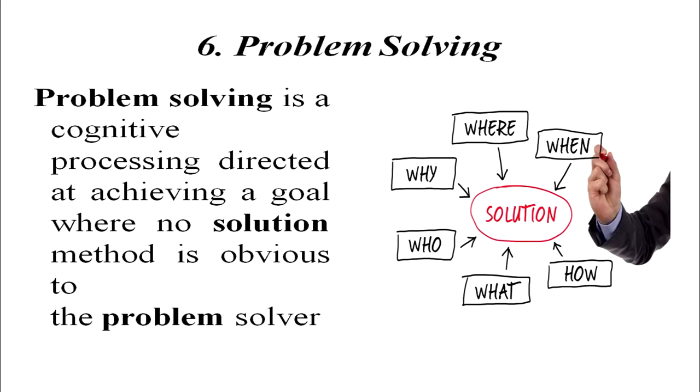Next is problem solving. A problem always starts with where, when, how, what, who, why, and problem solving is a cognitive process, meaning it is an intellectual process directed at achieving a goal where no solution method is obvious to the problem solver.